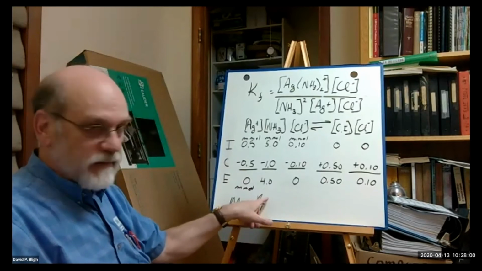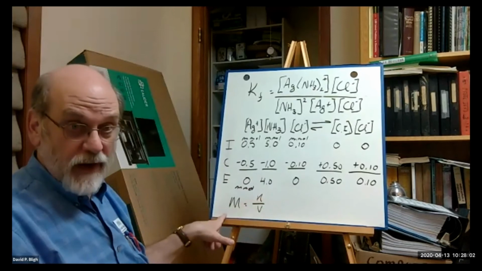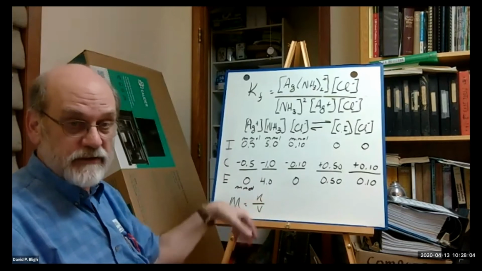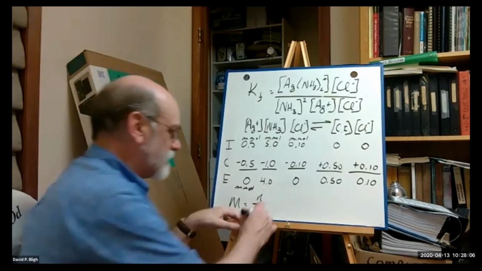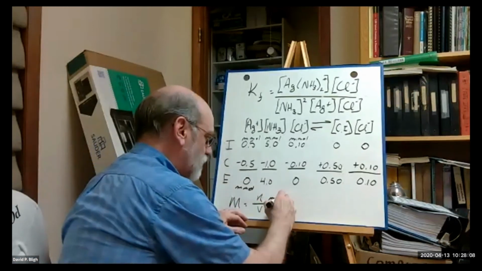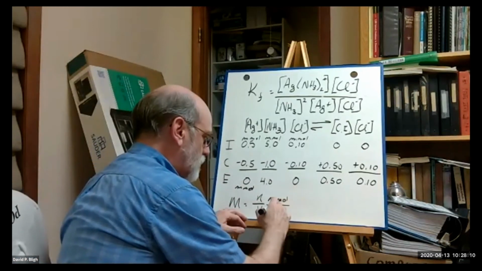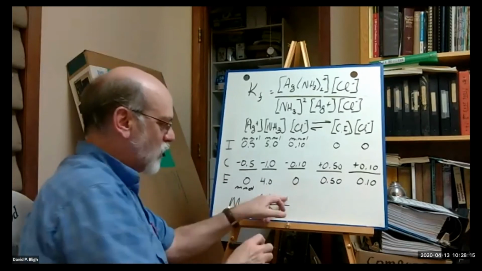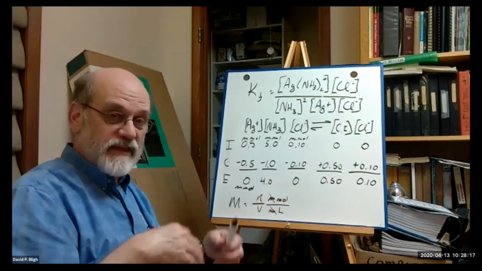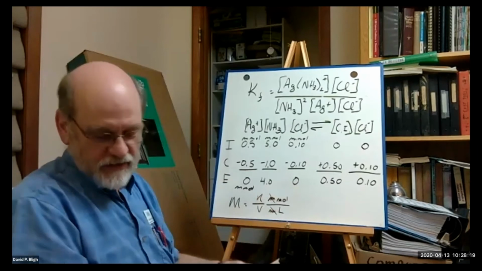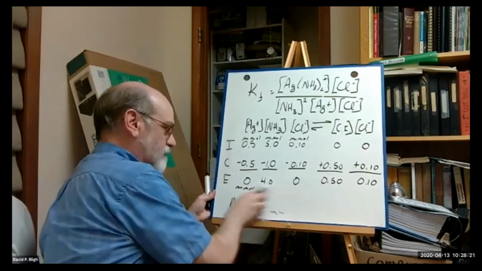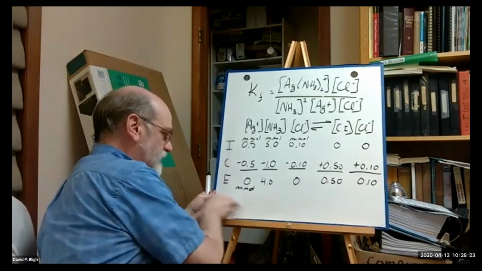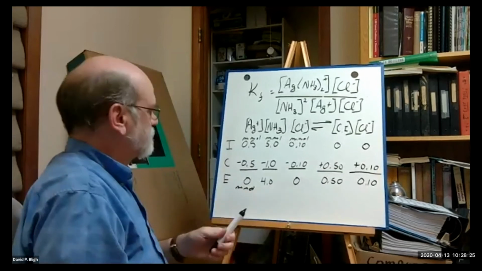If you divide millimoles by milliliters, you get molarity, right? Because the millis cancel out. Right? Milli, mole, milli, liter. Millis cancel out, moles divided by liters. So if you divide the millis by the millis, you get molarity. Right? I just wanted to make that point because that confuses some students.